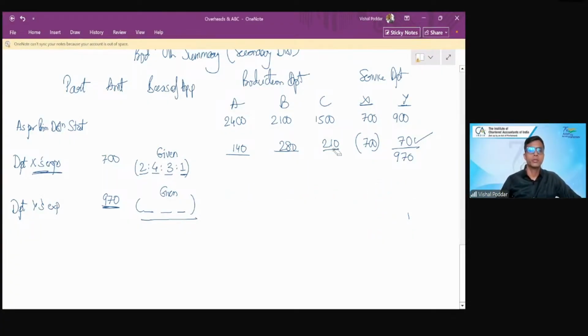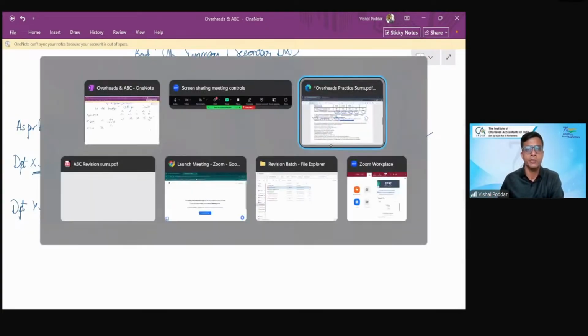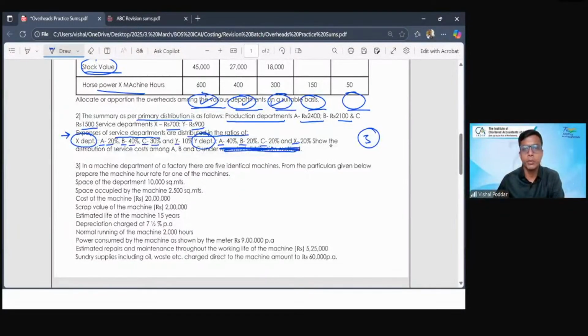So now here, I will apportion this 970 in the given ratio 40, 20, 20, 20.